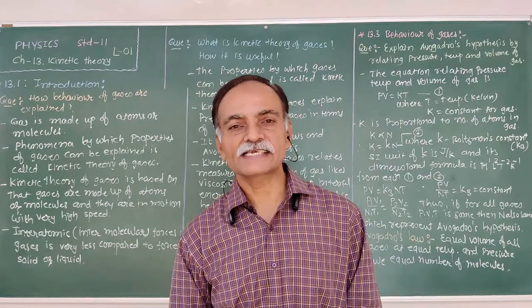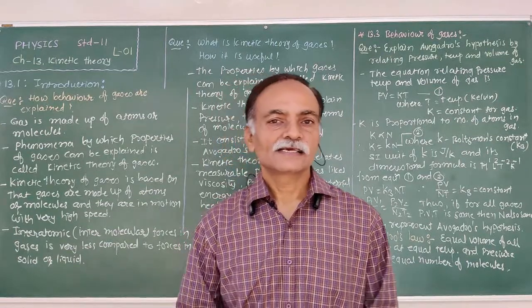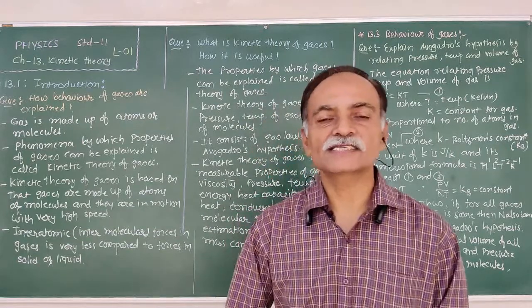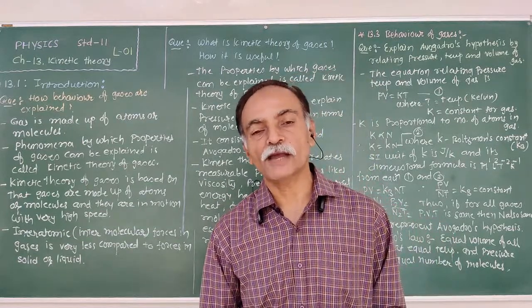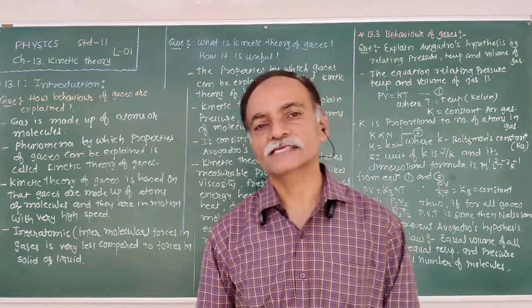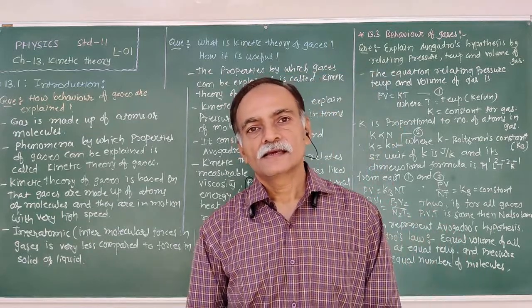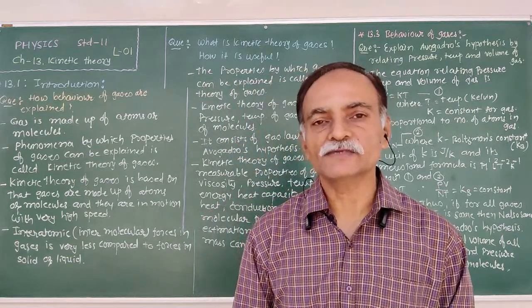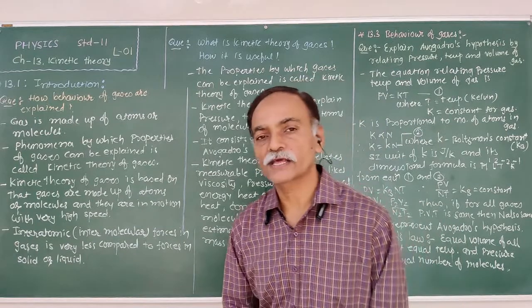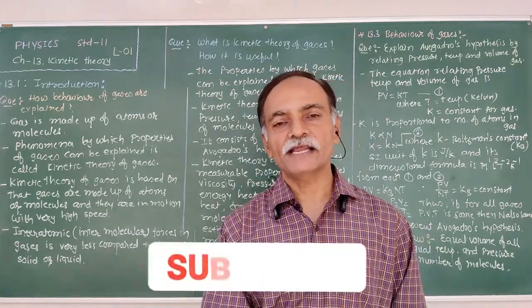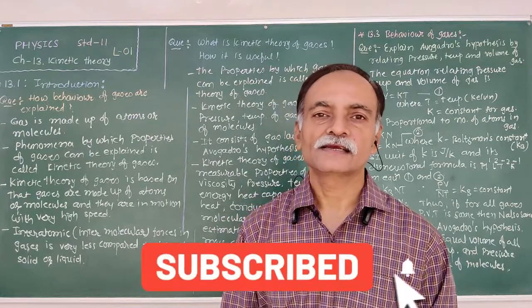While in gases, all the molecules are in random motion, and the distance between the molecules or atoms is very large compared to liquid and solid. Therefore, the force of attraction between the atoms or molecules is very small compared to liquid and solid, right?